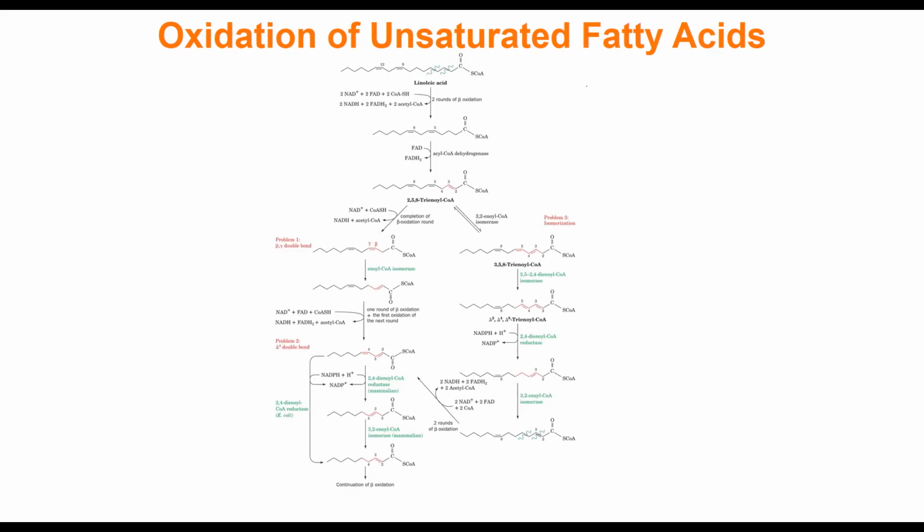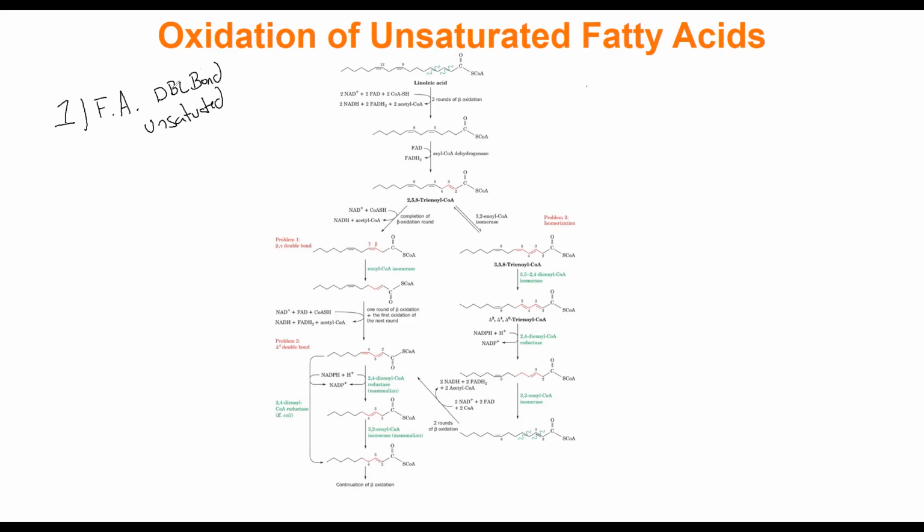All right, so let's talk about some problems with beta oxidation. And there's basically 2 problems that you can run into. So problem 1 is fatty acids that have a double bond, also known as unsaturated fatty acids.